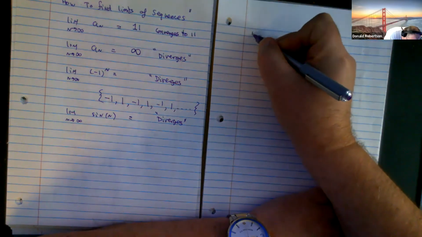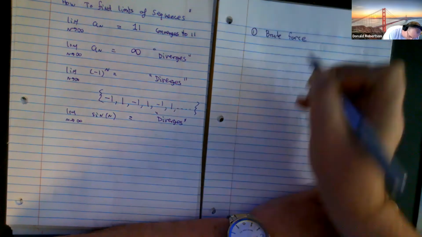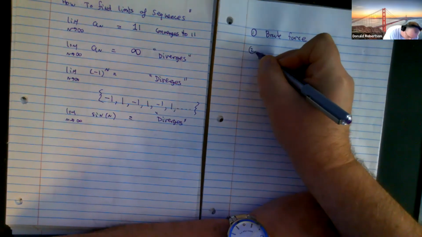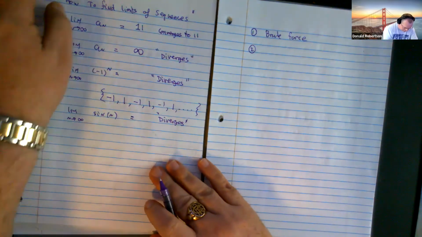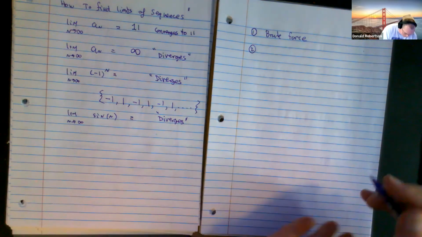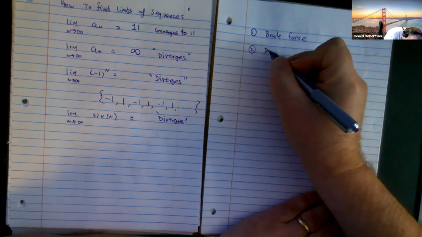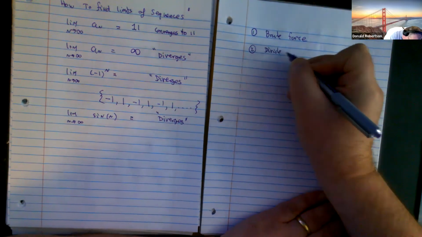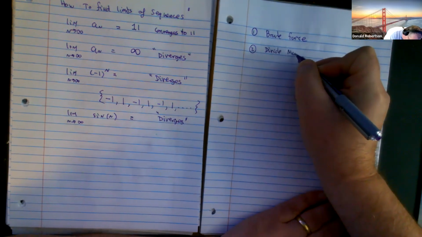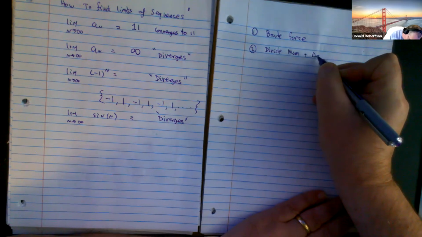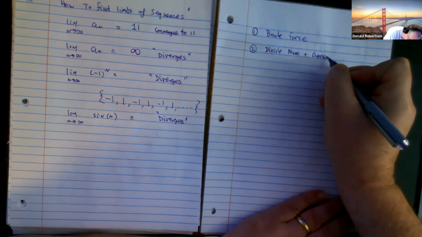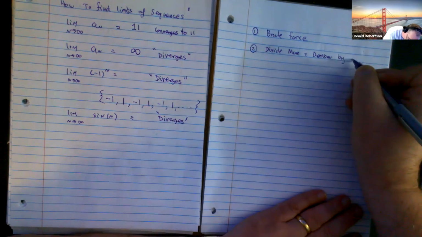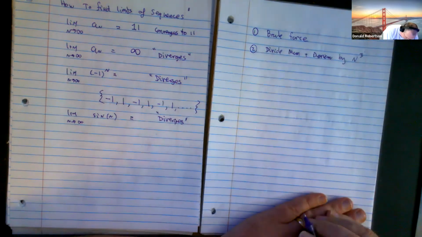Let's show you. There are a number of techniques. The first one is called brute force. The second method that we often apply is divide the numerator and the denominator by some power of n, like n cubed.